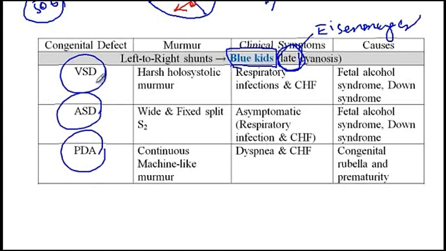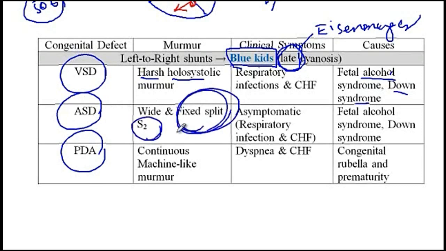Ventricular septal defect presents with a harsh holosystolic murmur that is commonly seen with fetal alcohol syndrome and Down syndrome. Atrial septal defect presents with a fixed split S2, and that's very important. These patients are usually asymptomatic, and similar to VSD, they're associated with fetal alcohol syndrome and Down syndrome.